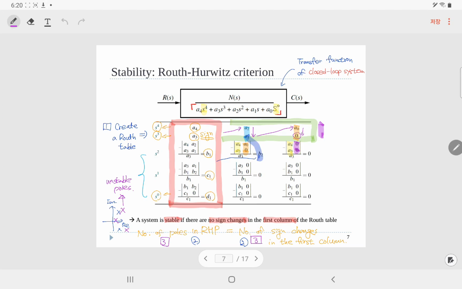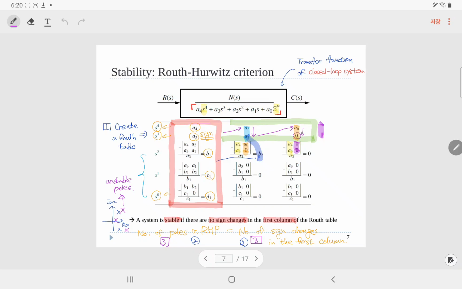자, 그 다음 단계는, 제일 고차항인 S의 가장 높은 차수와 그 바로 다음에 있는 두 칸을 무엇인가로 채우는데, 다항식의 계수들로서 이 두 줄을 채울 거예요. 두 개의 행을. 순서는 아까 얘기했듯이 최고차항이 S4에 있는 곳이 여기입니다.